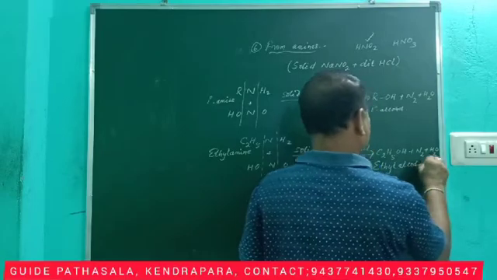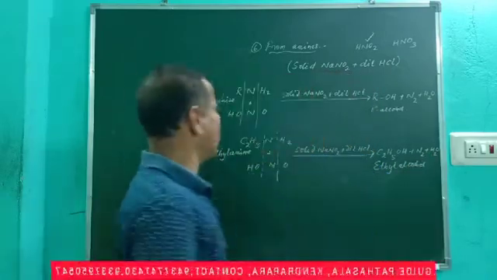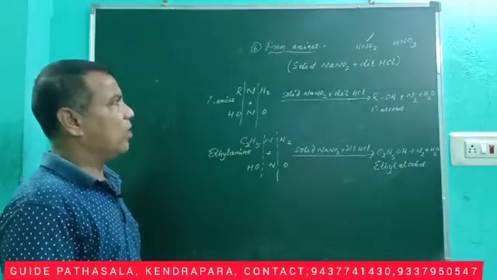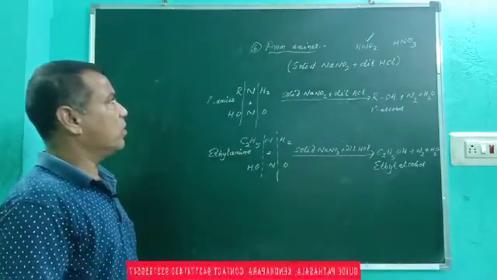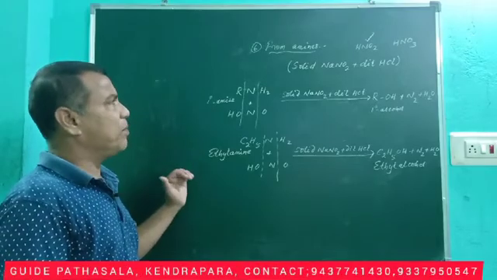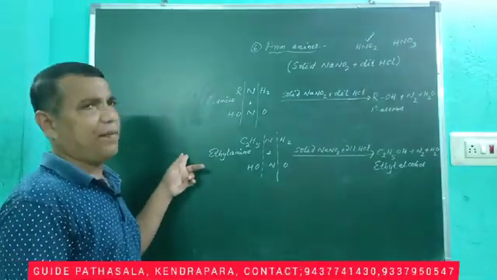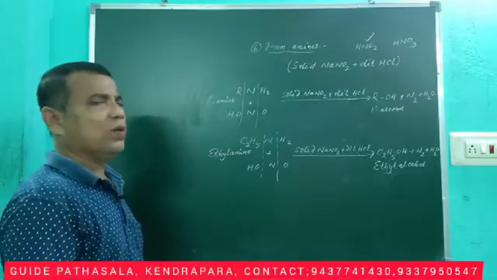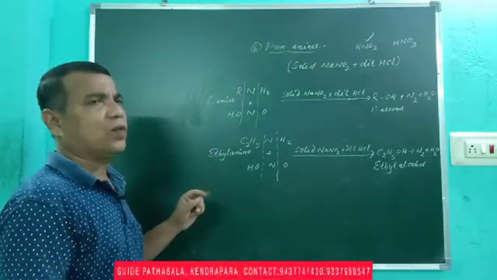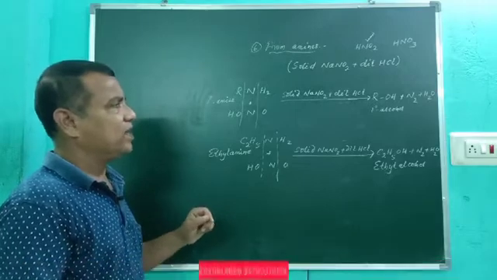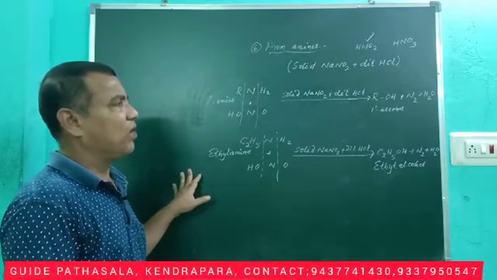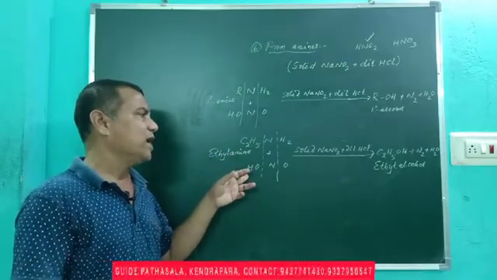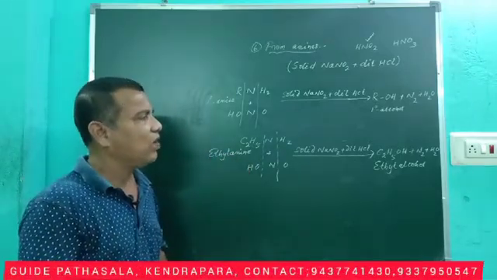So when ethylamine is treated with nitrous acid, then ethyl alcohol is formed. A primary alcohol can be prepared from a primary amine. When a primary amine is treated with nitrous acid, prepared from solid sodium nitrite and dilute HCl, a primary alcohol is formed.